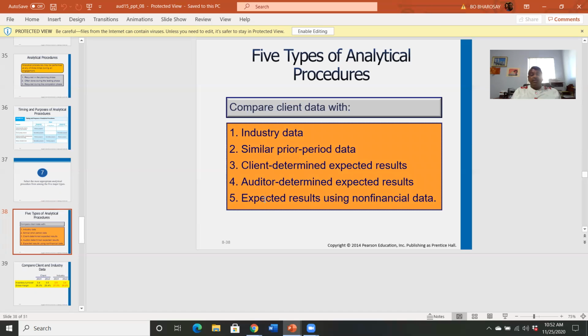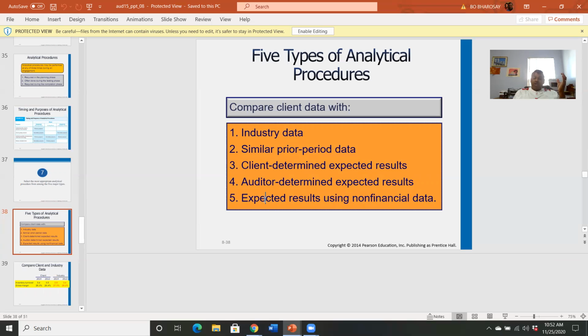5, comparing client data with expected results using non-financial data. Think of this. We have a small hotel on Liberty Avenue. The hotel has 100 rooms. Without going to the client, I could ask them on the phone and get an estimate of what their annual revenue is.